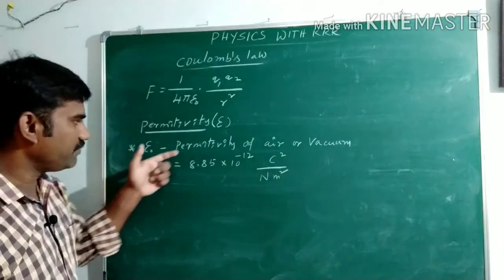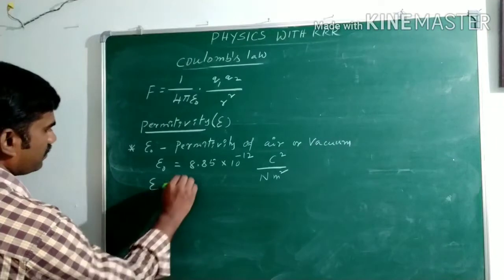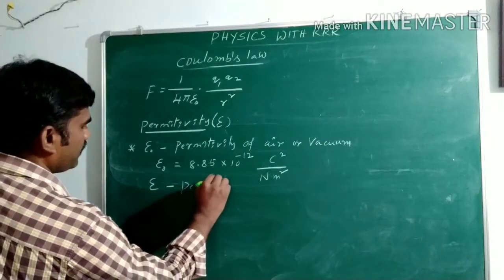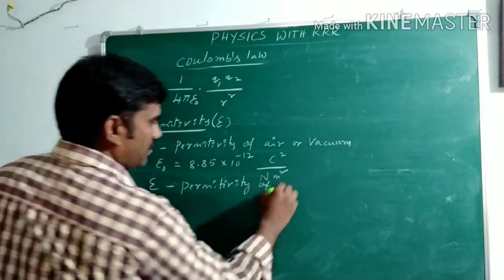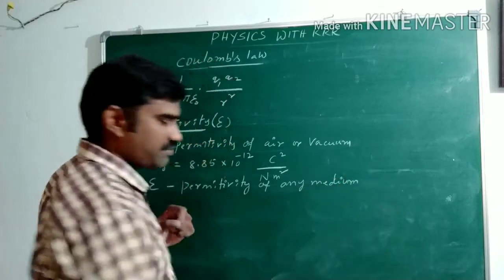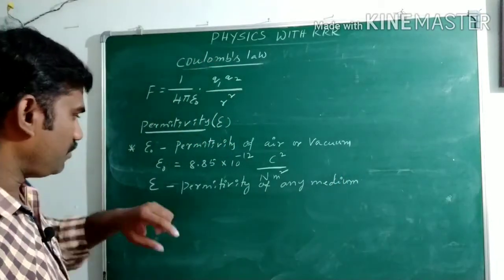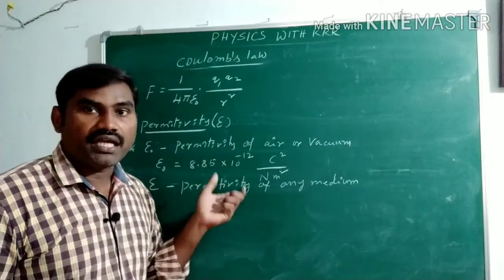So this is the value of permittivity of air or vacuum. Epsilon we can use to represent the permittivity of any medium.